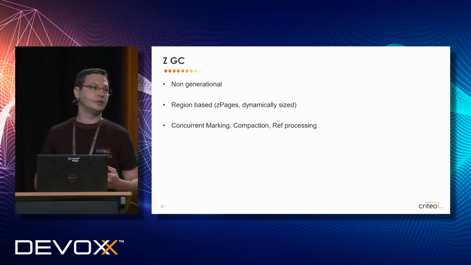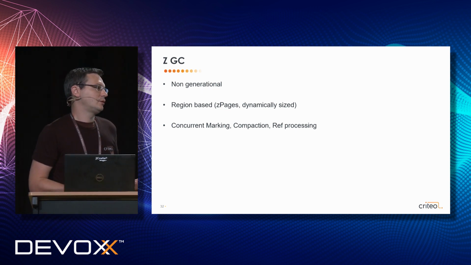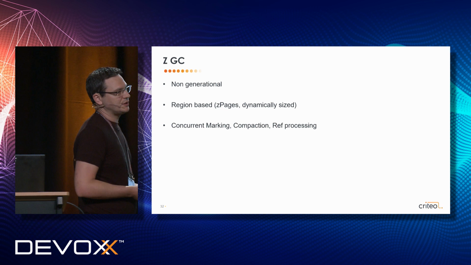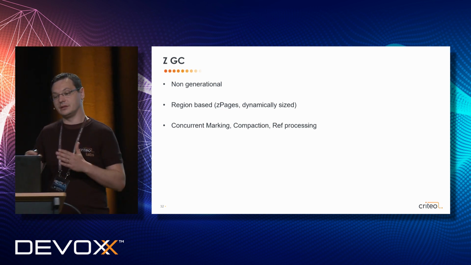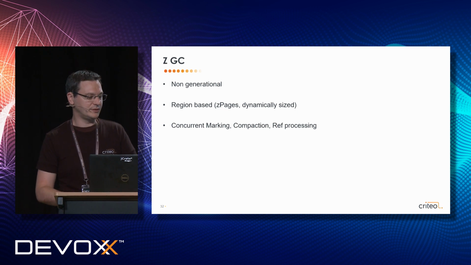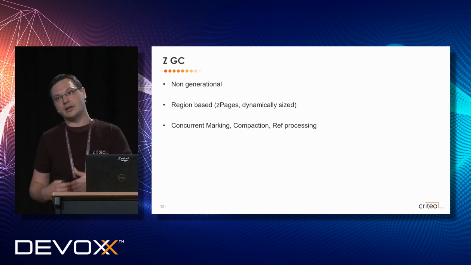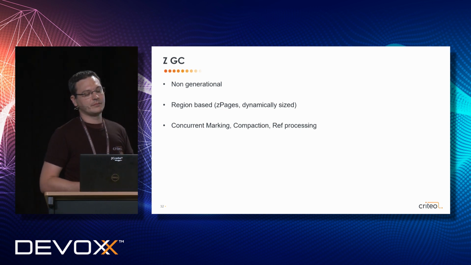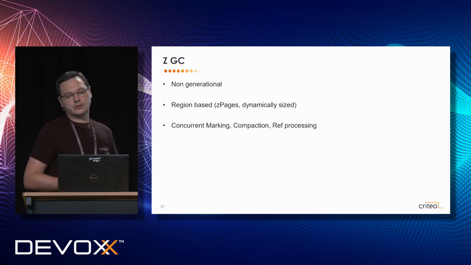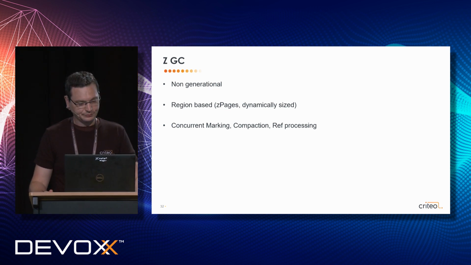So those are generally done in a stop-the-world phase, but if you are using a lot of weak references, they could take time and have a large pause time increase because of this processing. So ZGC tries to take this ref processing out into a concurrent mode.